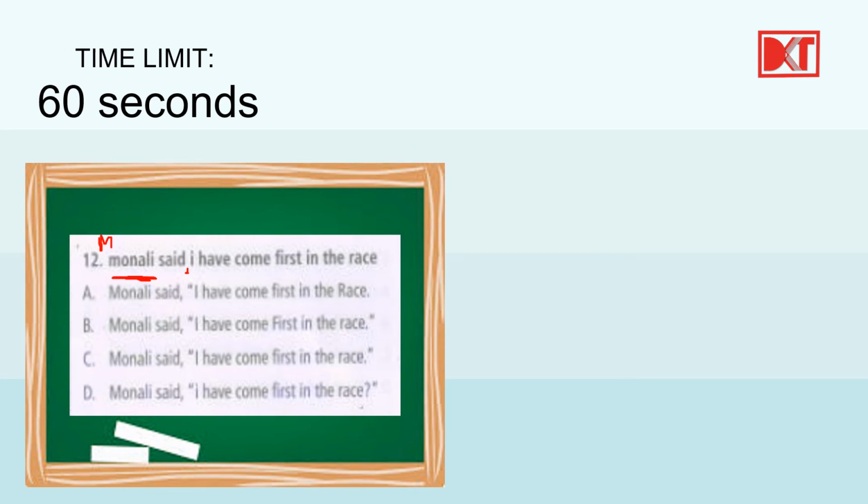Right. Then we put quotation marks here. And here I is a pronoun. It will be capital. Then in the end, we close the quotation marks and have the full stop. Alright, so here let's see which is the correct one. Here, see, Monali said, I have come first in the race.